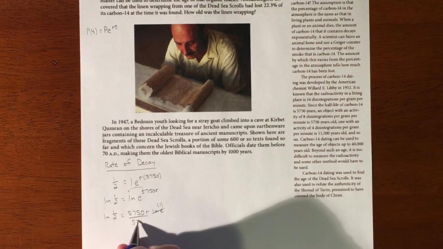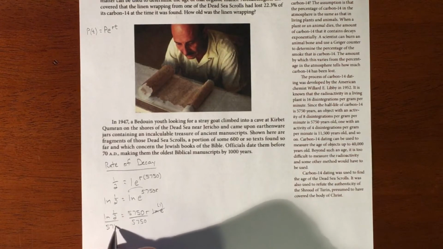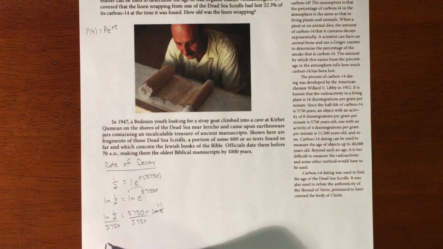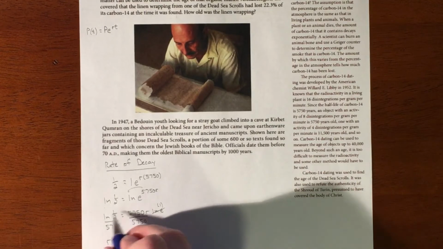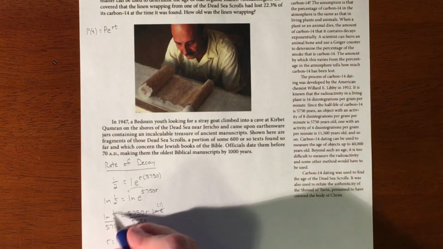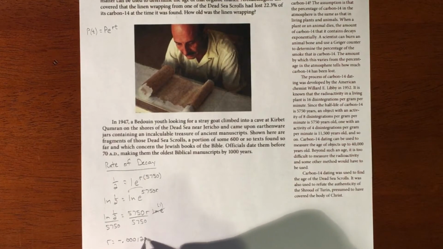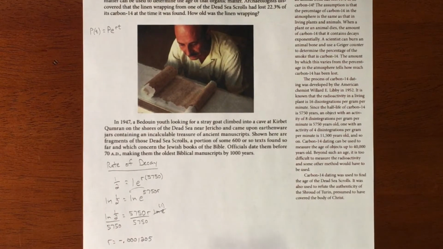We can divide by 5750. That gets our rate, and if you divide that out, logging something smaller than 1 is going to get you a negative. So if you plug that into the calculator, you're going to get a negative 0.0001205. I'm going to keep as much of this as I can.